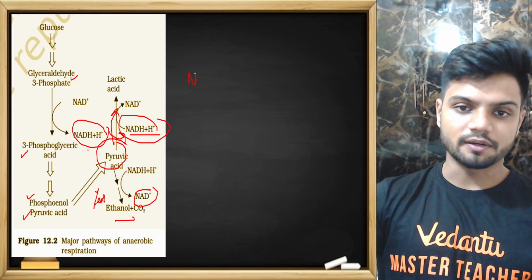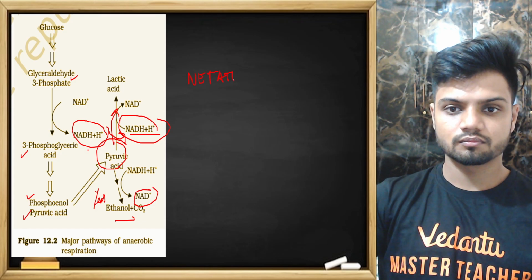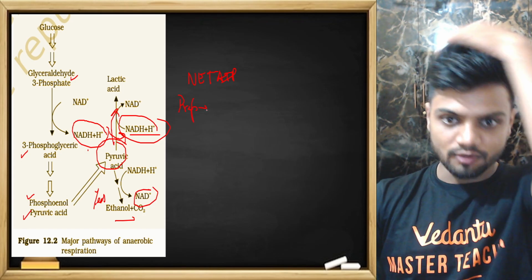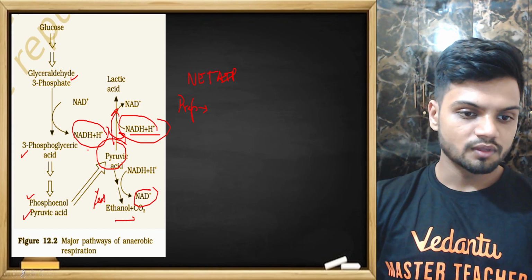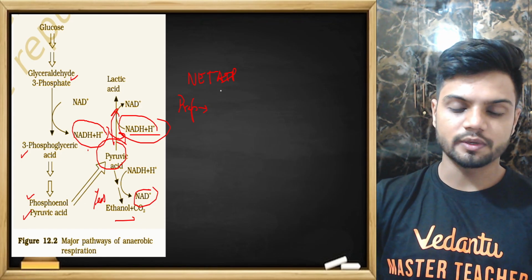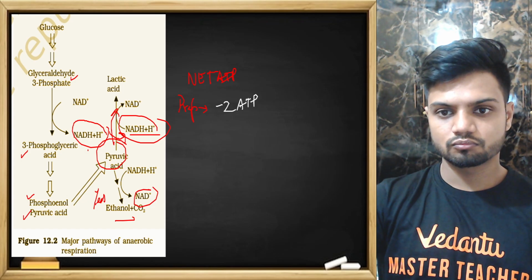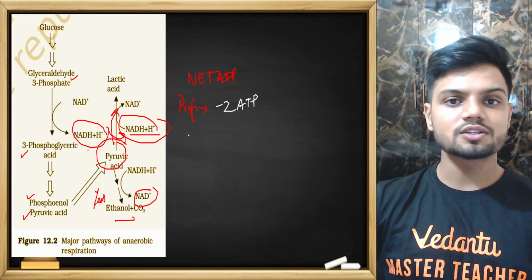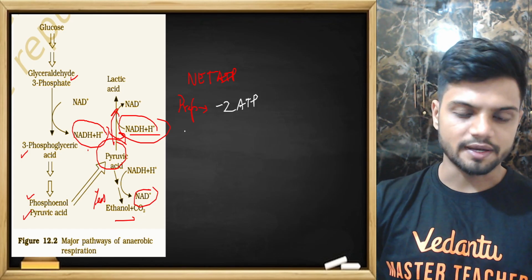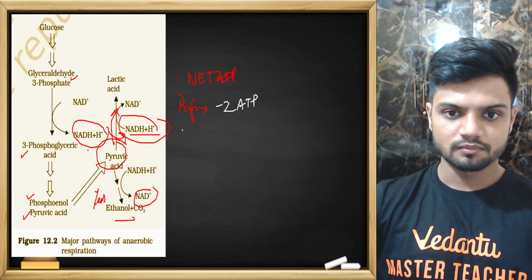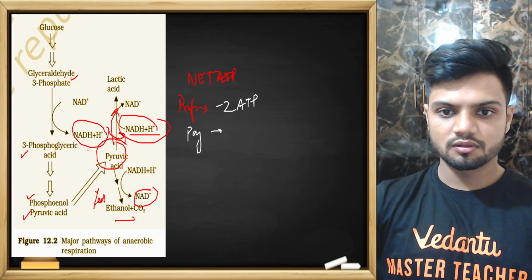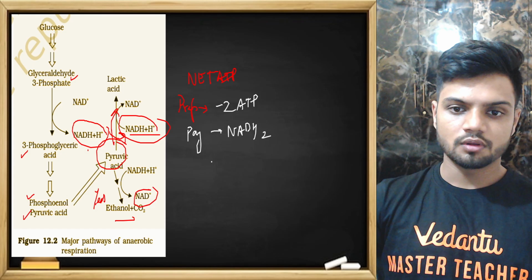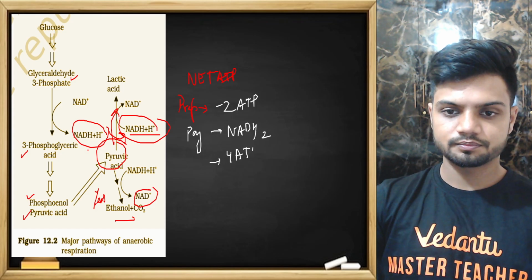Now you tell me the net ATP here. In glycolysis, how many ATP in total? In the preparatory stage, we have -2 ATP. Now since NADH is being consumed here, there is no net NADH. Let's just write it, later we can cancel it out. In the payoff stage, we have 2 NADH and 4 ATP produced.